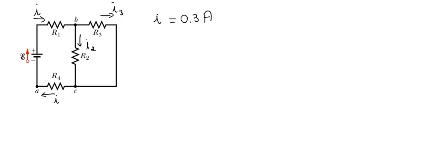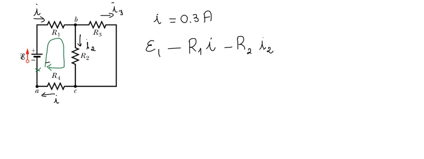Well, we can use what we just learned, the loop rule. So let me take this point, and I will use the loop rule in this small branch here. How can we write the loop rule? We have E1 minus R1 I minus R2 I2 minus R4 I equals 0.